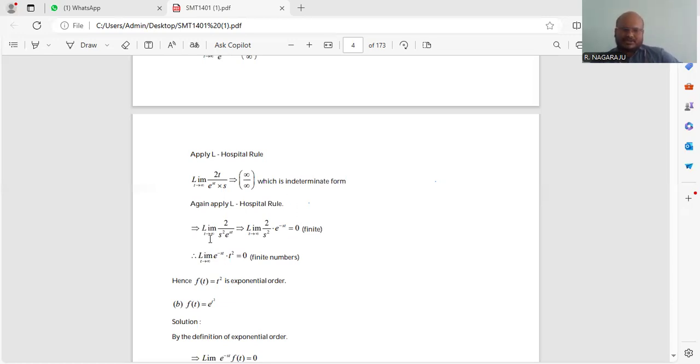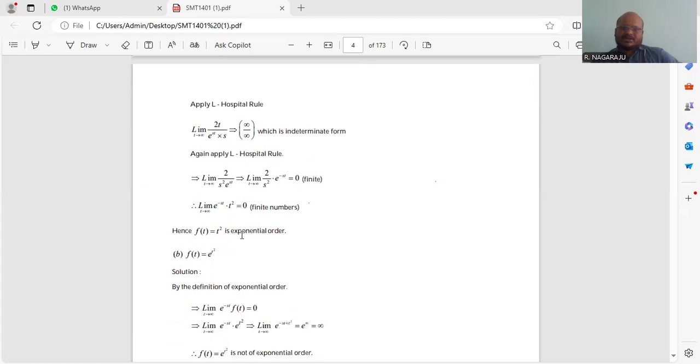Here limit t tends to infinity of 2 by s square e^(st). As t tends to infinity, you get 0 in total. So this is a finite number, and the answer is exponential order. Whenever you get a finite answer, maybe it is 0 also, then you can say it is of exponential order.